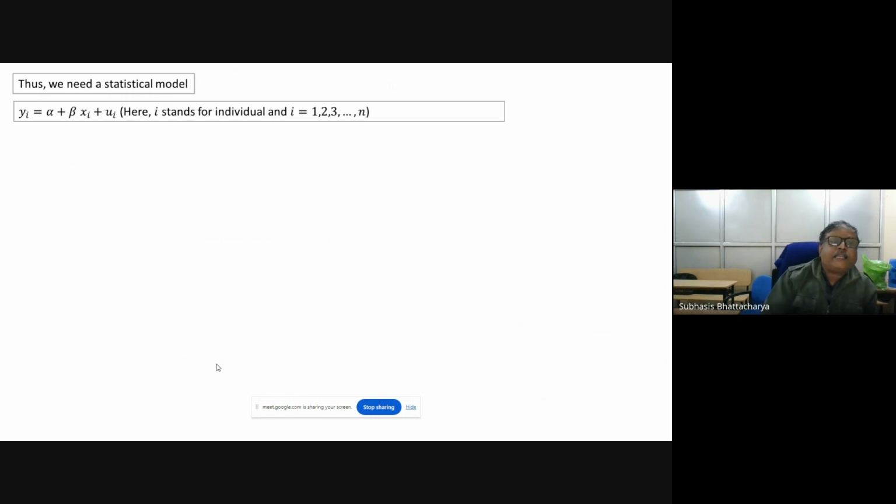That is the relationship. Suppose Y stands for consumption and X stands for income of the different individuals from whom we collect the data. We incorporate another term, that is the white noise, and this is identified as UI.